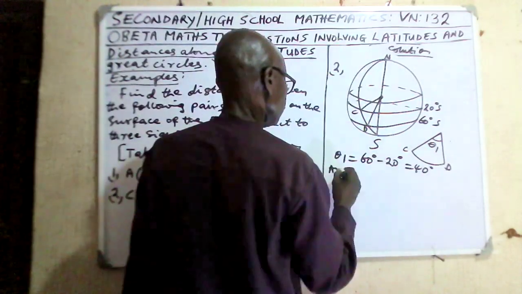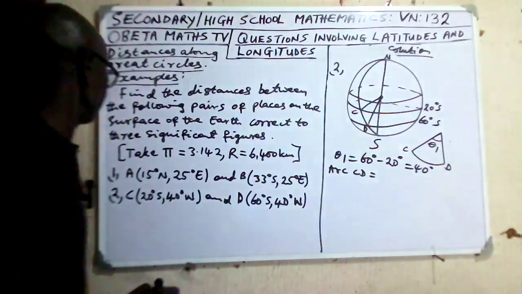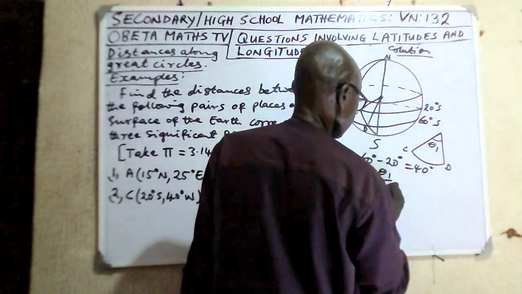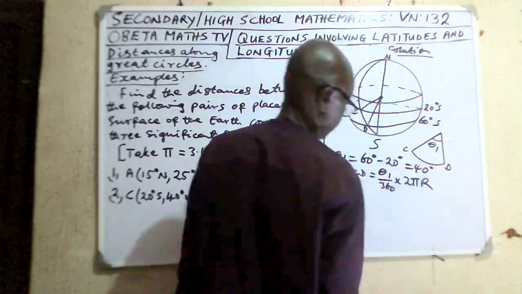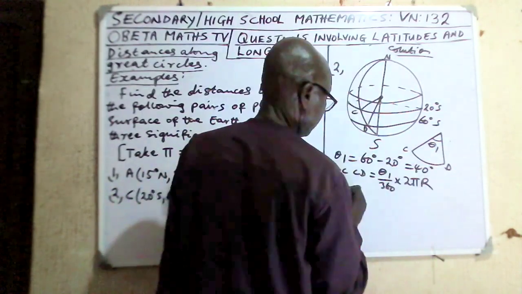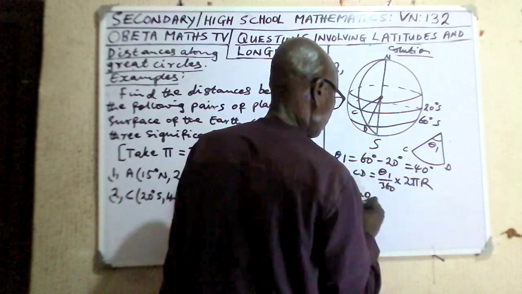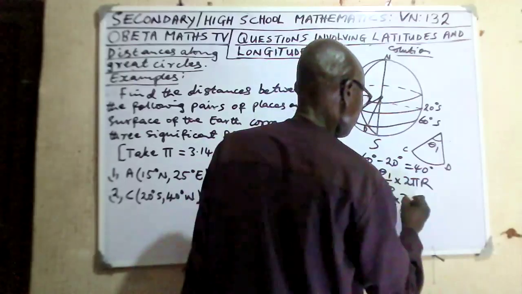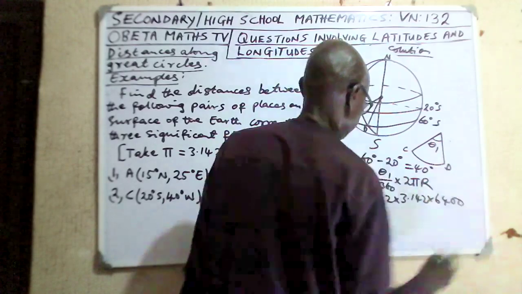So arc CD will give us theta 1 over 360 times 2 pi capital R, which is the same thing as 40 over 360 times 2 times 3.142 times 6,400.